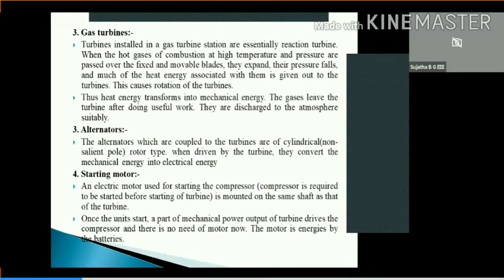See, you require this starting motor only during starting. Later, once the mechanical power is produced, it can be used for running the compressor. So only initially to start the compressor you require a starting motor. Later there is no need of this starting motor. The motor is energized by the batteries.